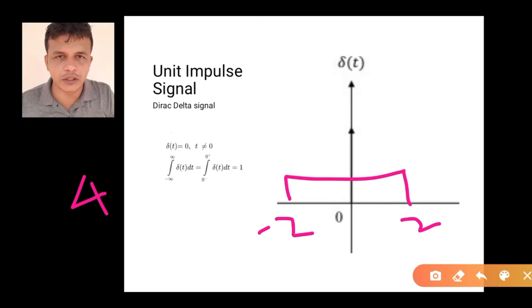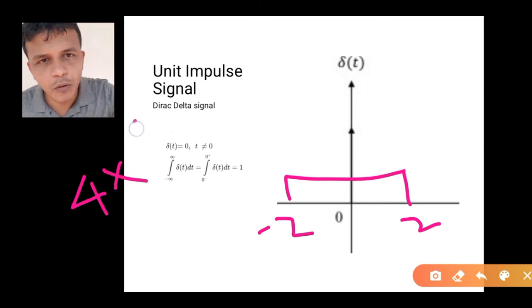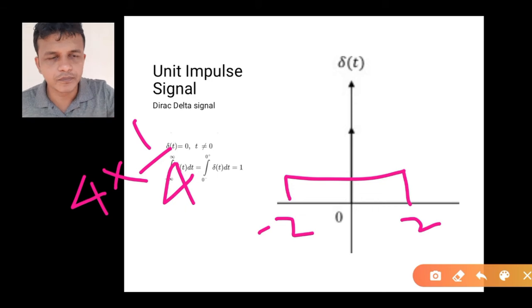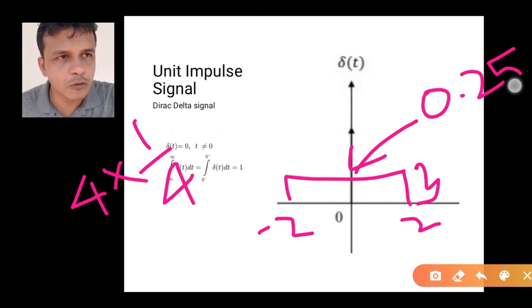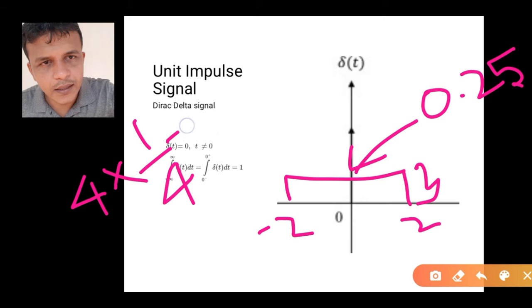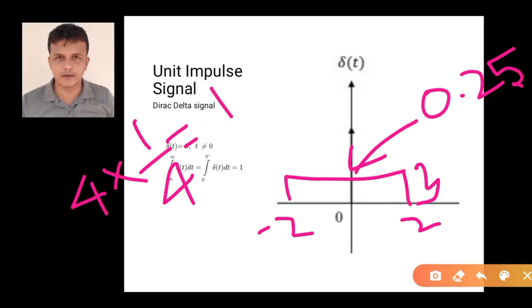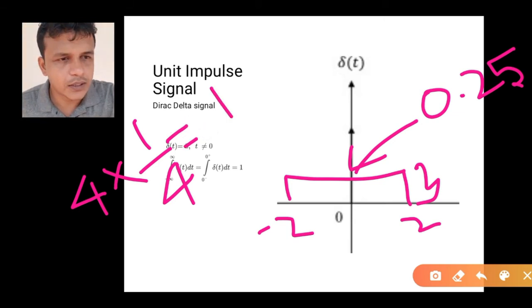For this rectangle to have an area of 1 unit, its height should be 1 by 4, that means the amplitude should be 0.25. Only then can the area become 1.